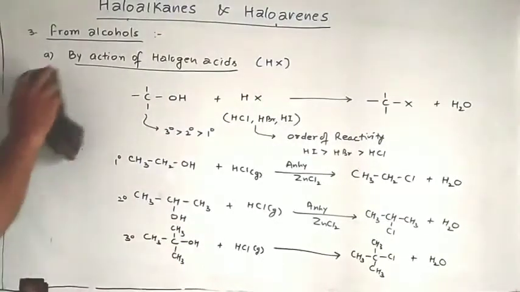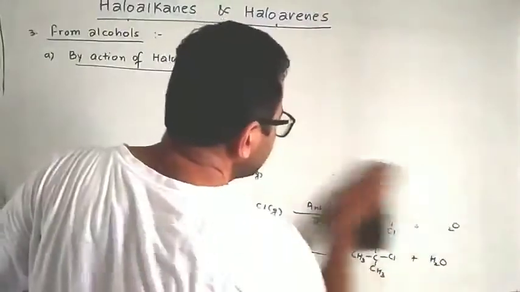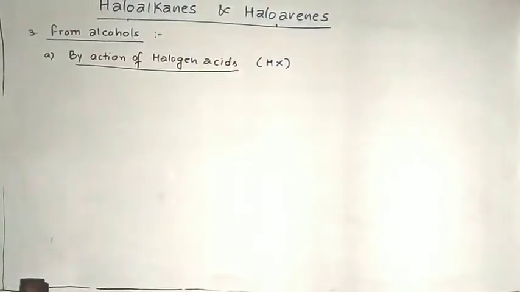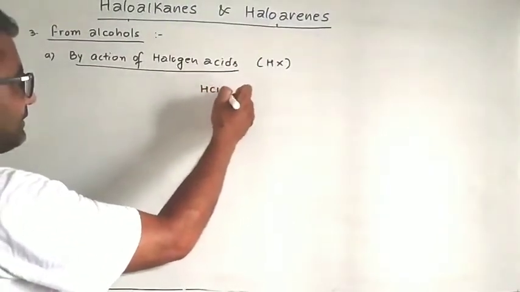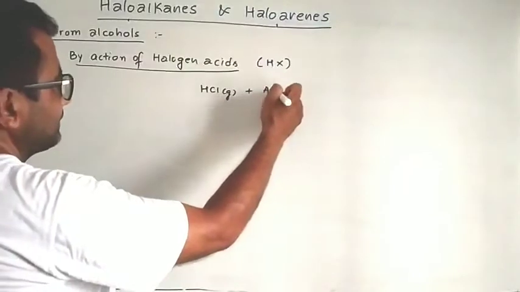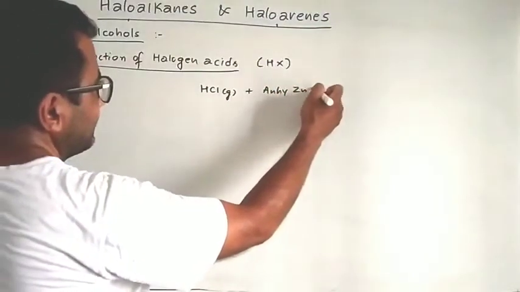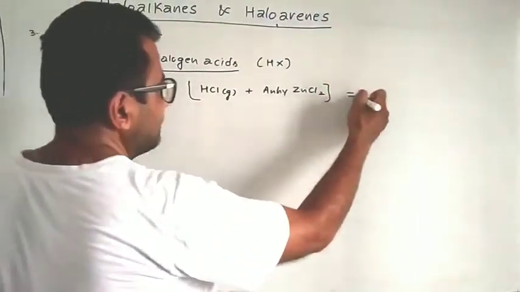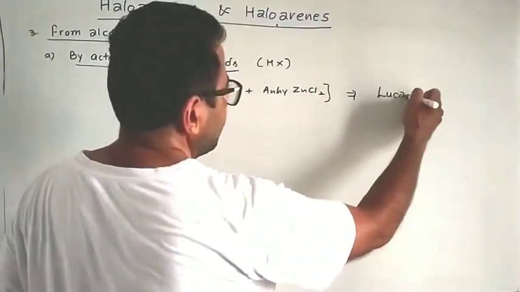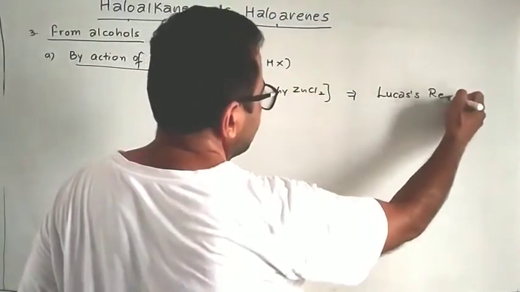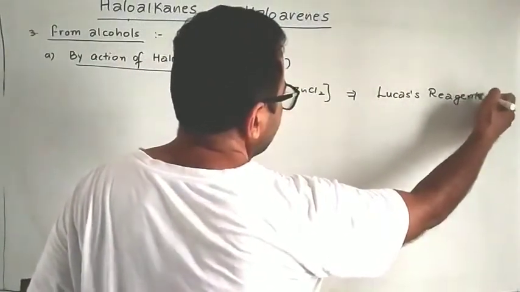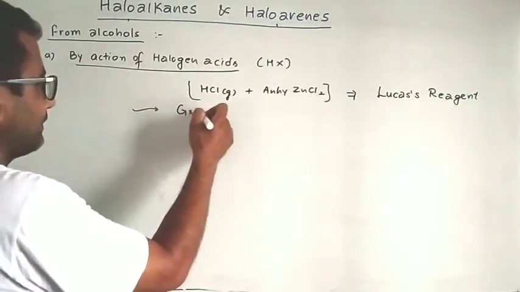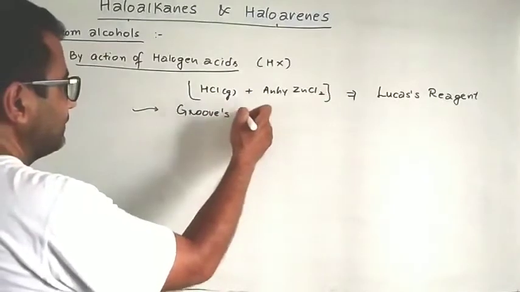Okay. Next is the combination, this HCl gas plus anhydrous zinc chloride. This is called Lucas reagent. And this process of formation of alkyl halide is called Groove's process.